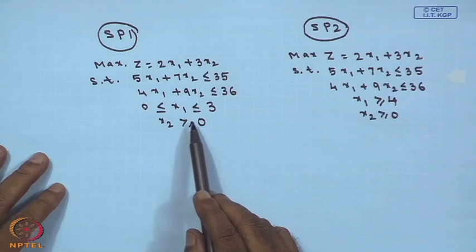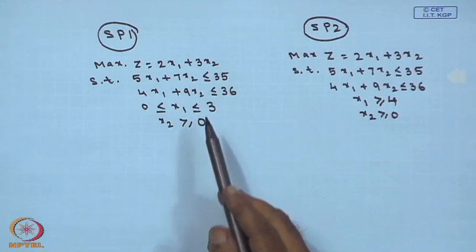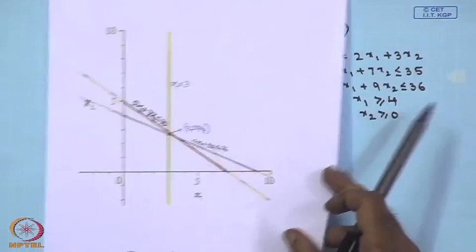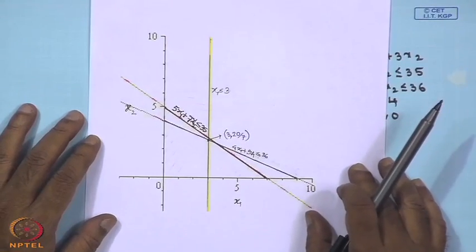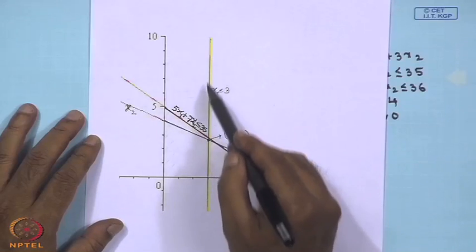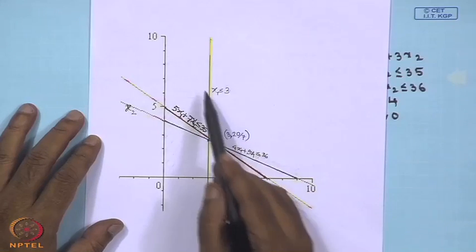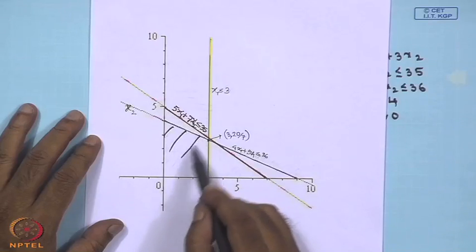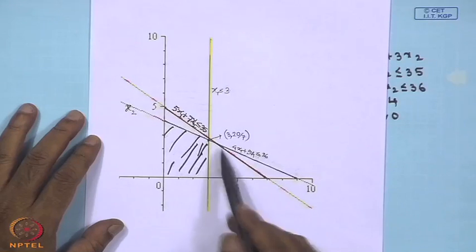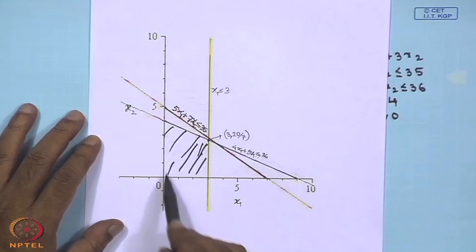The other one you have to take is x1 less than equals 3. If you draw the graph, you will see it comes something like this. This is your x1 less than equals 3, and according to the conditions this will be your feasible region.